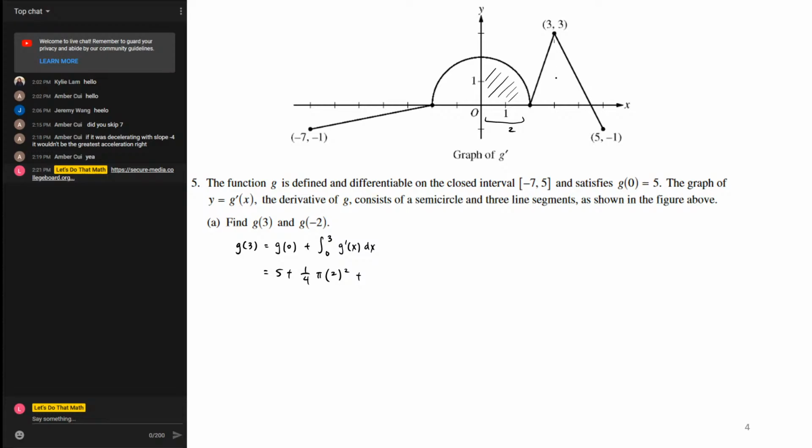And then plus this triangle, which is going to be 1/2, the base here is 1, the height is 3. And just add those values together. That's going to be 5 plus 3/2 is 6.5, and then plus pi. And we can just leave it like that.